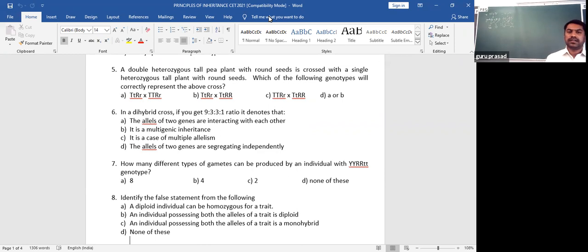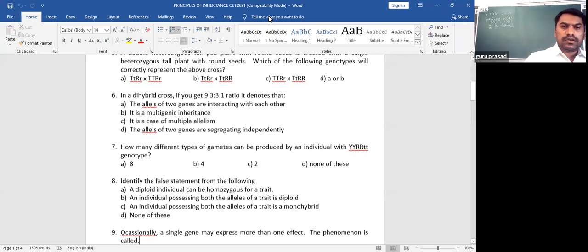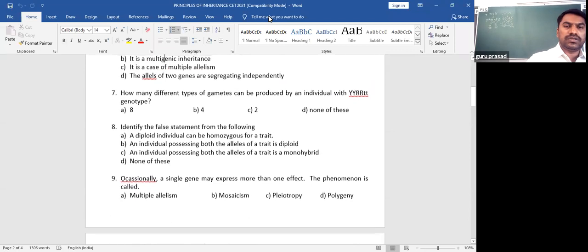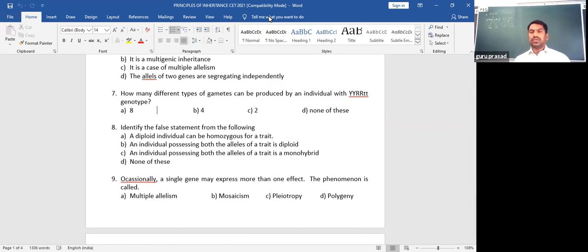So the answer is D. For most of the theoretical questions like this 9:3:3:1 ratio one, there is no board work. You should understand the principles of the experiment done by Mendel, and have that concept clearly in your mind.